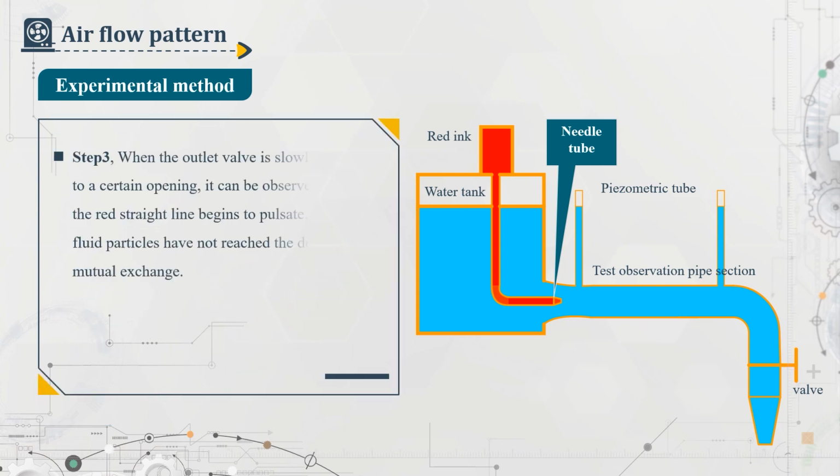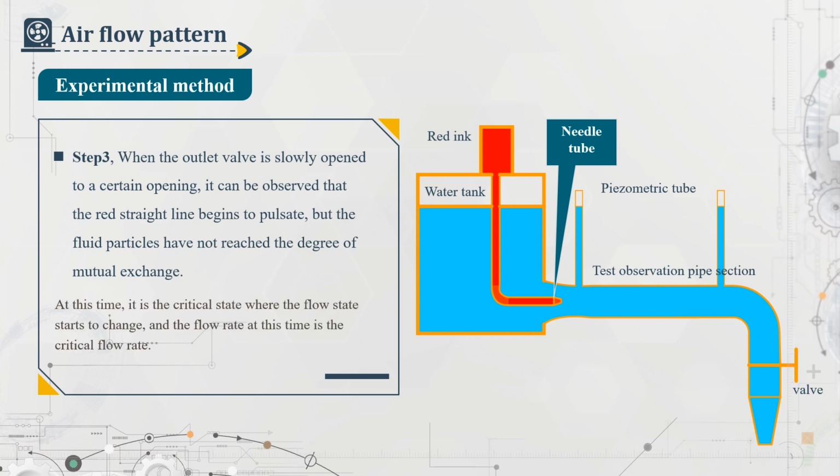Step 3. When the outlet valve is slowly opened to a certain opening, it can be observed that the red straight line begins to pulsate, but the fluid particles have not reached the degree of mutual exchange. At this time, it is the critical state where the flow state starts to change, and the flow rate at this time is the critical flow rate.